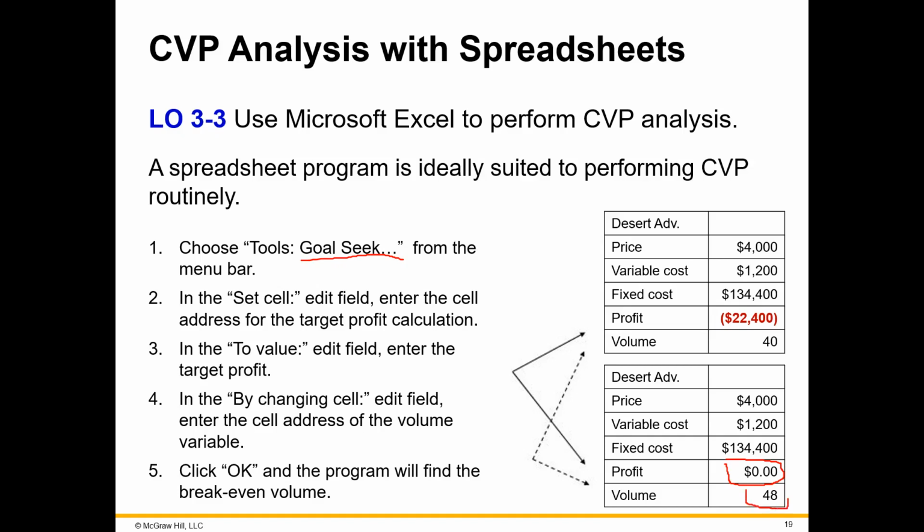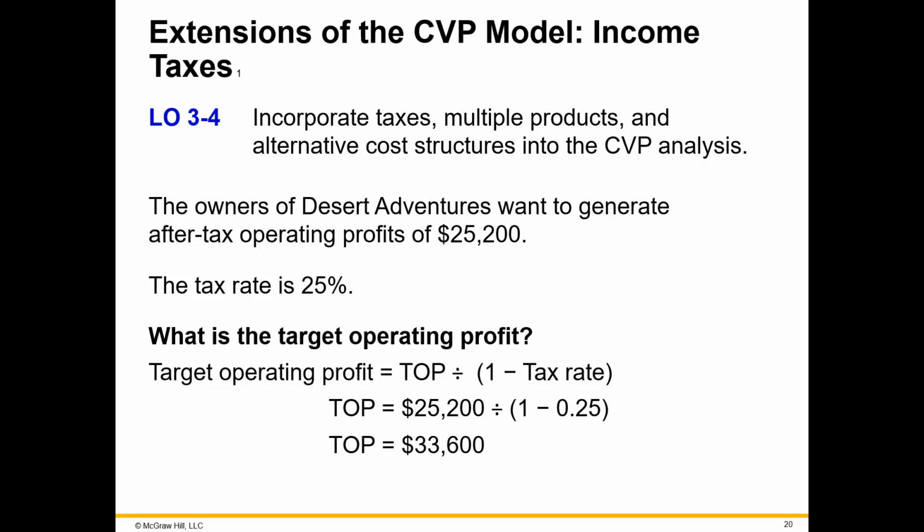Another concept that we're not going to test, but that you should be familiar with, is taxes. In the prior examples, we didn't deal with tax, but in this one, it says that Desert Adventures wants to generate after-tax profits of $25,200, and it tells us that the tax rate is 25%. So to calculate that, we do 1 minus the tax rate.